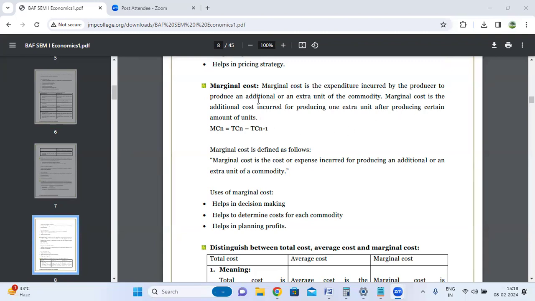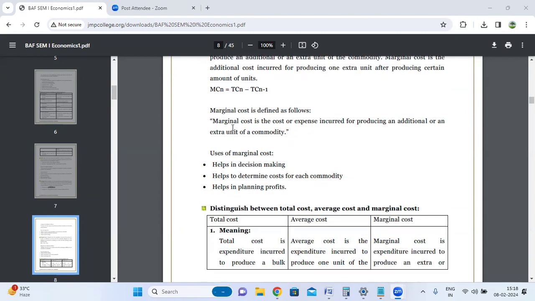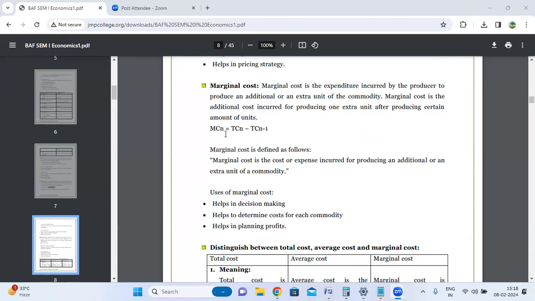Marginal cost equals the total cost of n units minus the total cost of n minus 1 units.